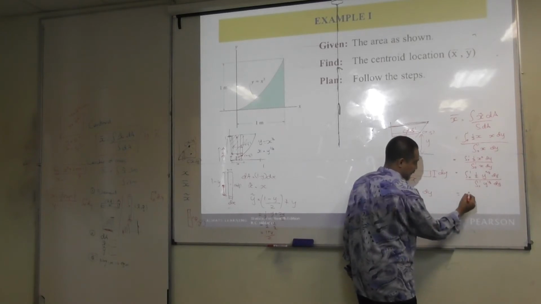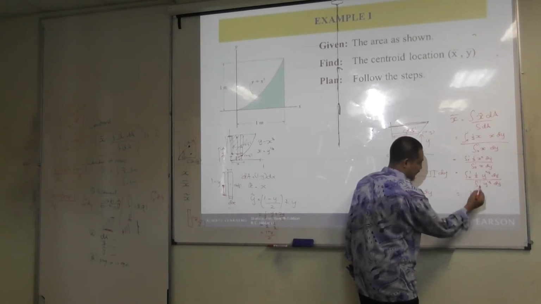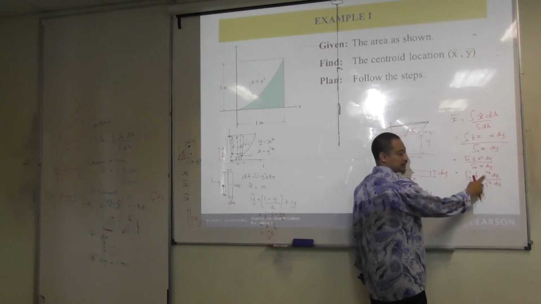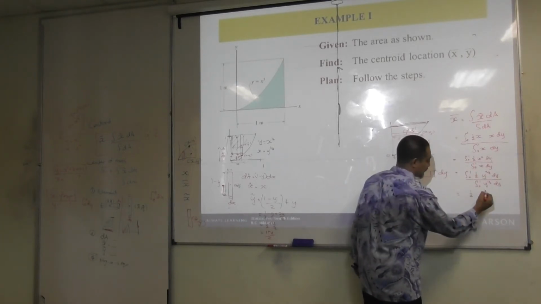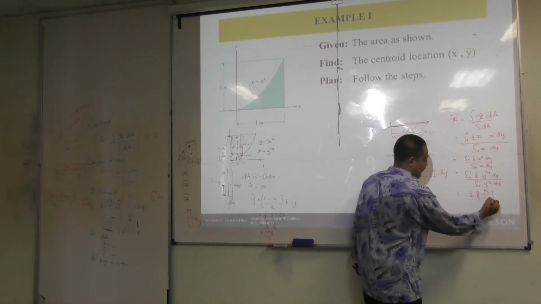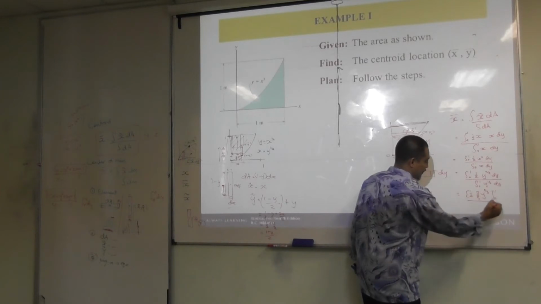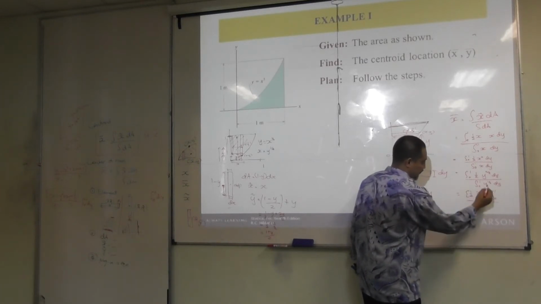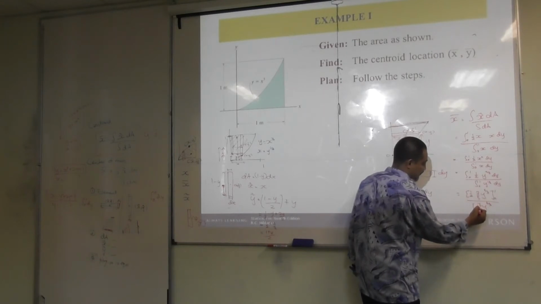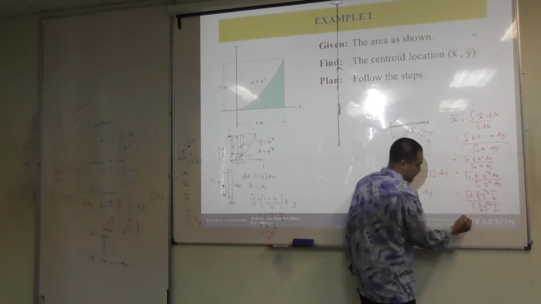So if you integrate this, you'll get y to the power of, still remember how to integrate? 5 over 3. So 3 over 5 here, right? From 0 to 1. And then y to the power of 4 over 3, meaning this is 3 over 4 into 1.